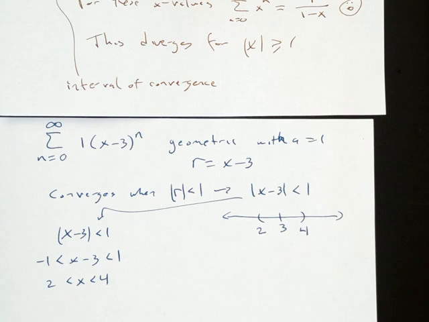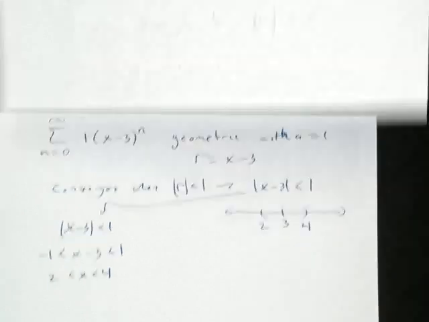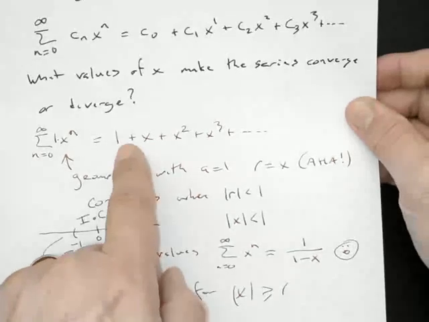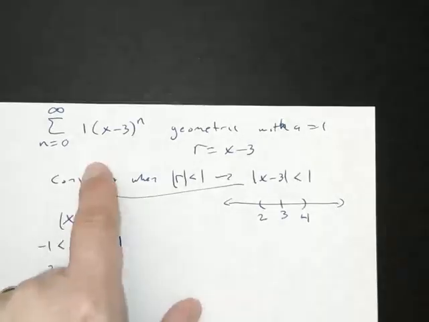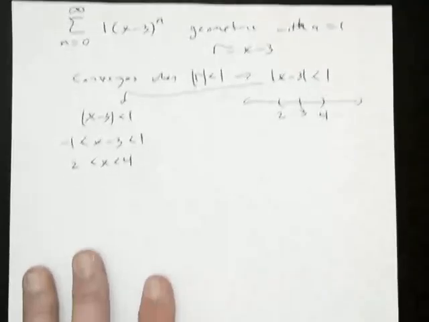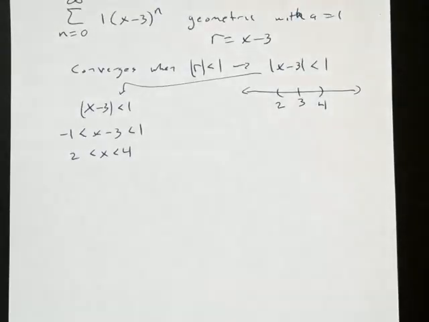So the first version is centered at 0. This version is centered at 3. In general, I can center a power series wherever I want.